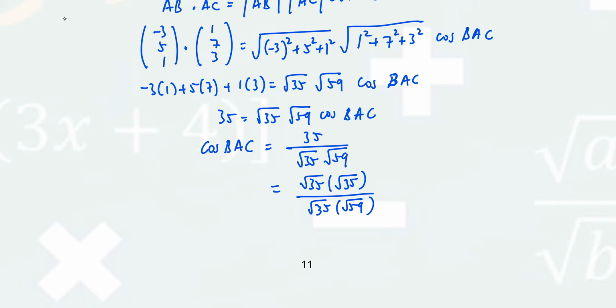Then you can cancel off the square root 35 in the denominator. And now you have a division of two square roots, therefore I can just combine them. This will be my exact value. Okay, done for this angle, cos BAC.